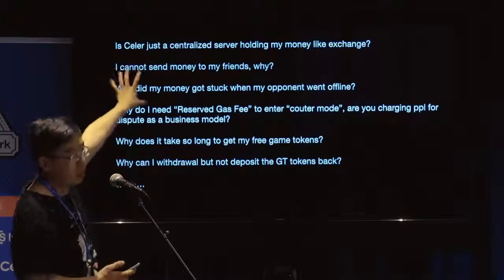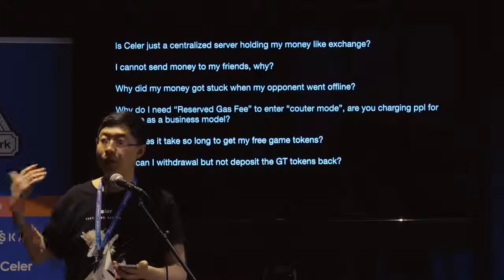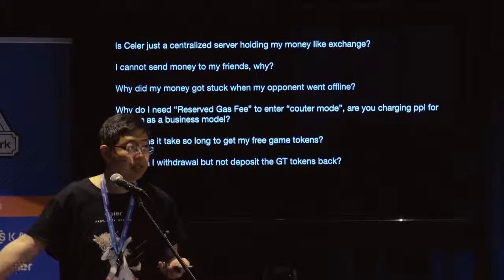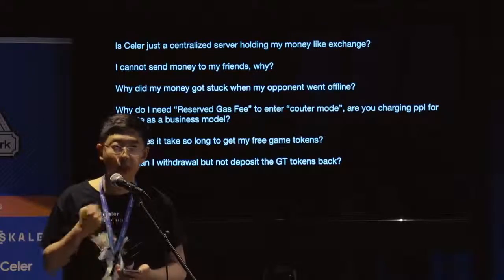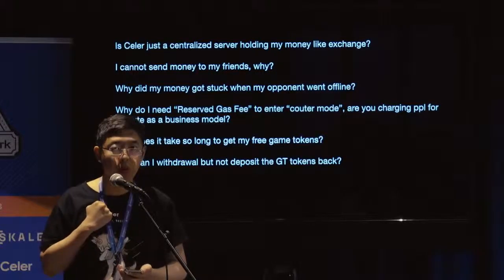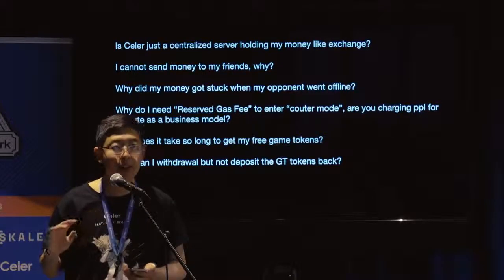Okay, and the biggest question we get asked is, because in state channels or any kind of off-chain solutions, even with Plasma and sidechains and stuff, there's a process to move your fund from the wallet that you hold to an external contract, right? So there's unavoidably that process.